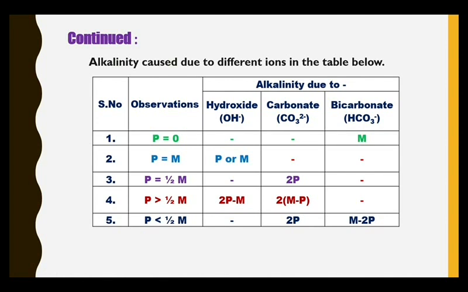Alkalinity due to different ions has been tabulated. Just see the observation and the alkalinity due to different ions, and remember this, so that it helps you to solve the problems very quickly.